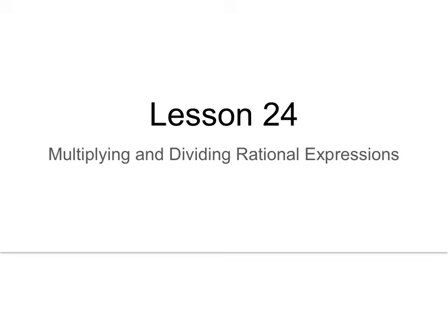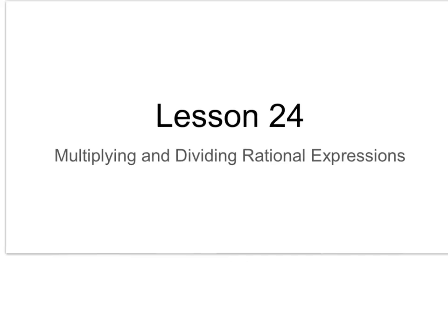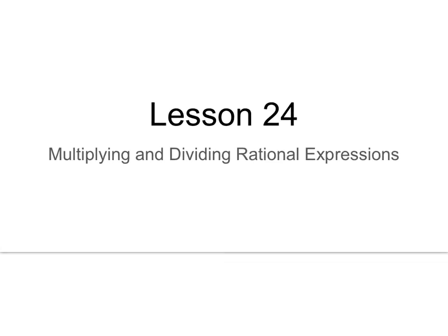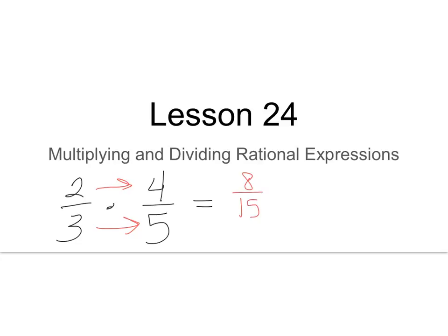To start out, I want to do something really simple like multiplying fractions. Let's remind ourselves how to multiply fractions. Okay, just a simple multiplication of fractions. What I would normally tell you is it's simply multiplying across the top and multiplying across the bottom, which would give us 8 over 15.